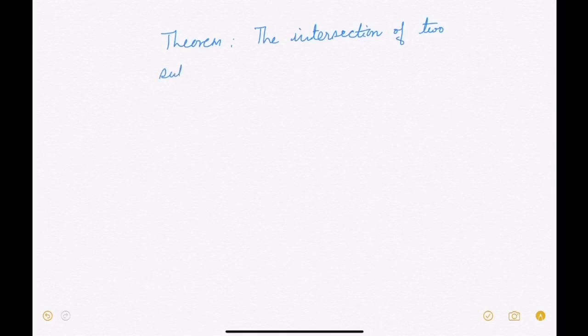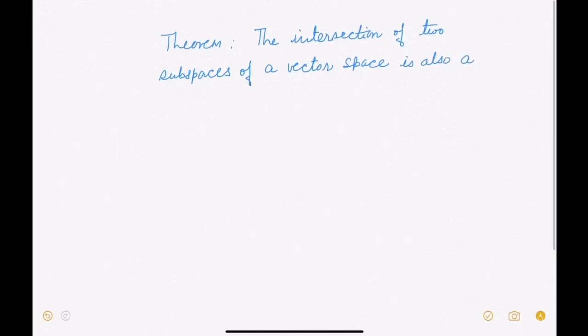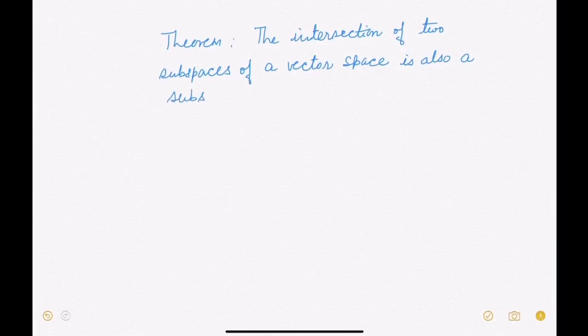Now we prove the following theorem. The intersection of two subspaces of a vector space is also a subspace of the vector space.